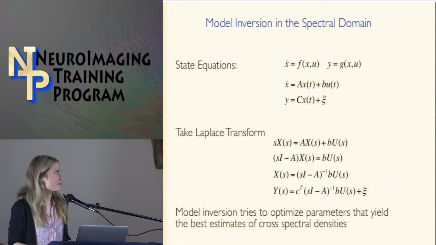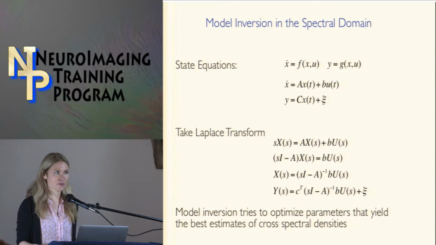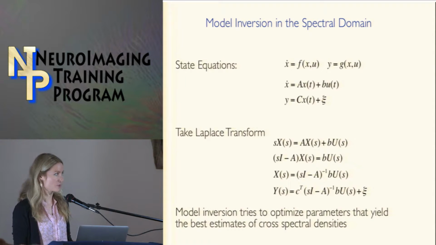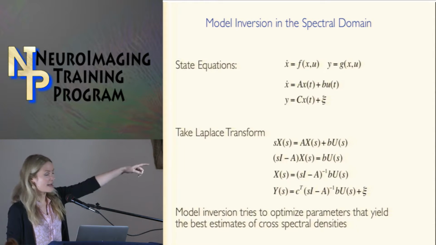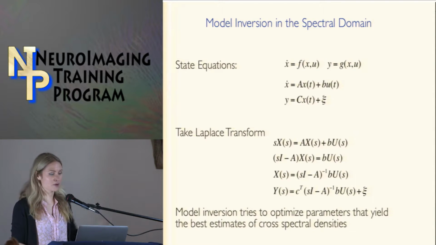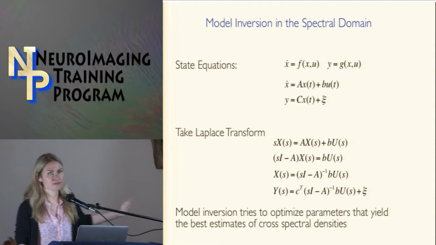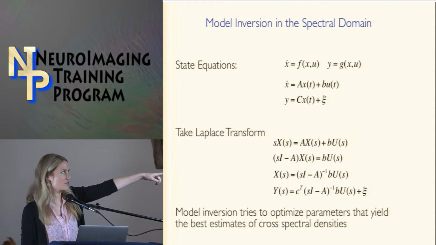So if you were going to do this model inversion in the spectral domain, this is a very simple example of how you could take state equations and transform them into the spectral domain. So I show you up above, once again, just the classic state space model. You have coupled ordinary differential equations, and then your measurement model with some error. You can quite easily just take the Laplace transform of this.